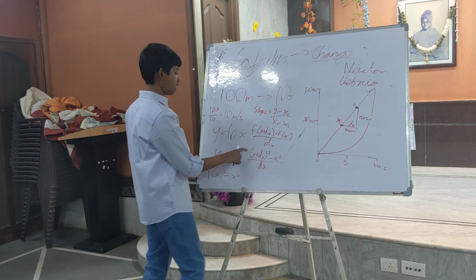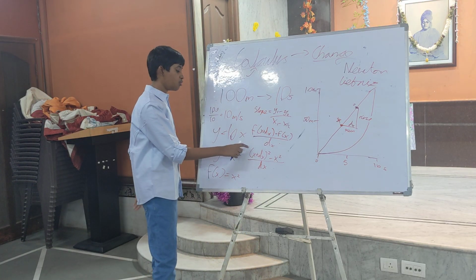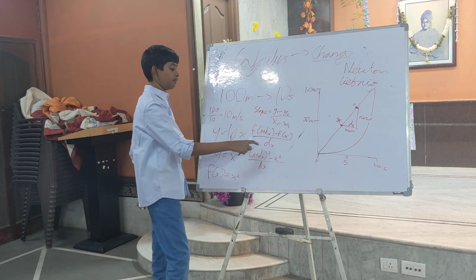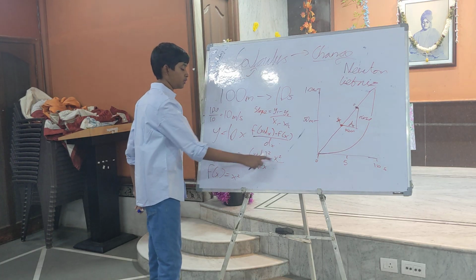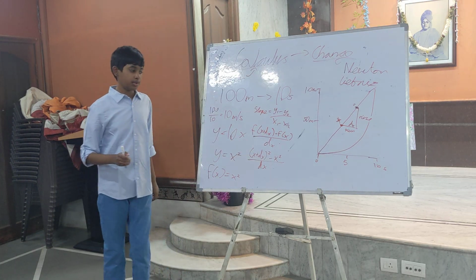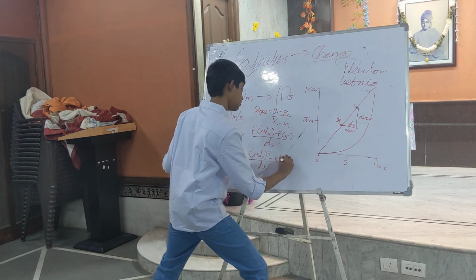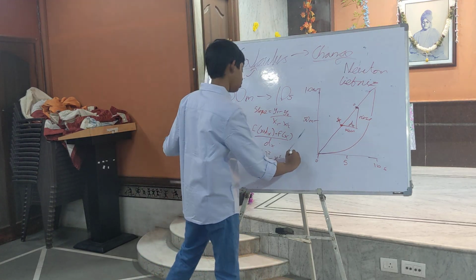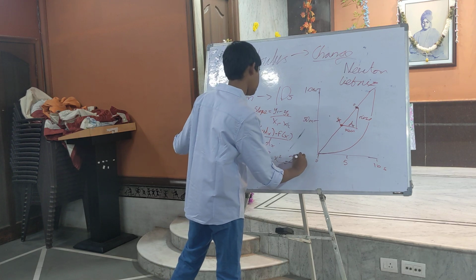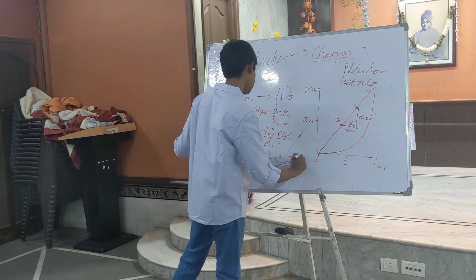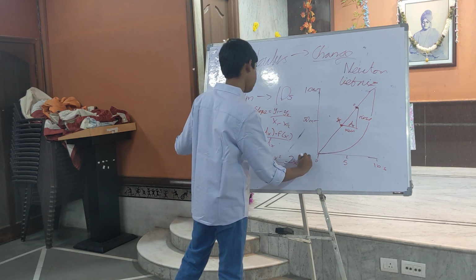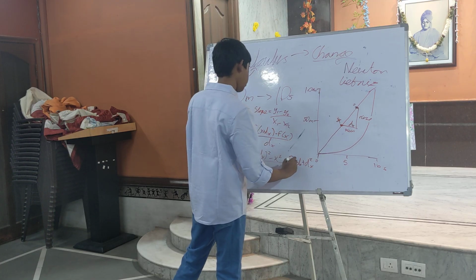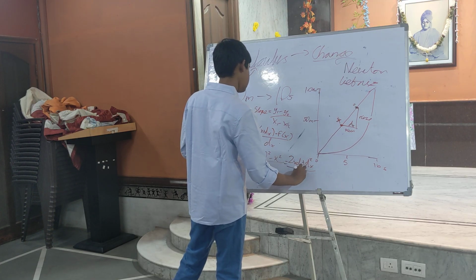So this will be x squared plus 2x dx plus dx squared. But we are subtracting x squared here, so we ignore the first thing. So the numerator comes out to be 2x dx plus dx squared, and we divide the whole by dx.